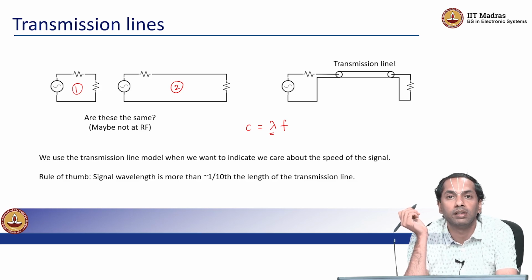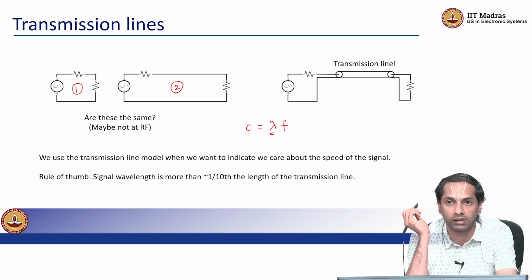So, this is the dimension in question, and we are going to compare the circuit sizes that we are building to this lambda, or signal wavelength, and ask ourselves the question: is the circuit size a considerable fraction of this wavelength?